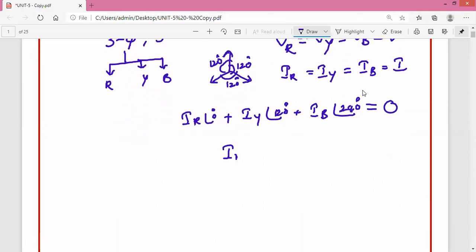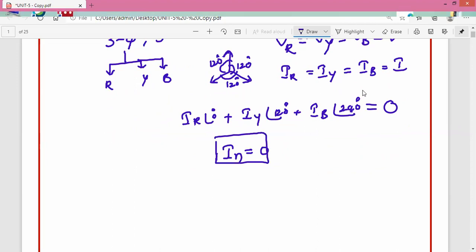In that case, the current flowing through the neutral is 0. So this is a balanced condition.